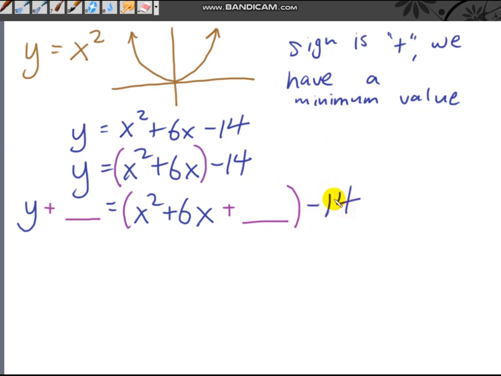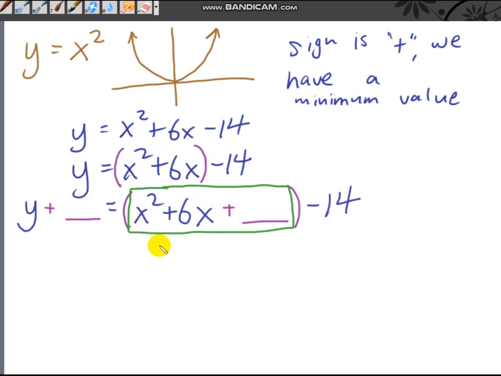Okay. So the way completing the square works is that you only look at what's in the parentheses. You only look at what's in the parentheses here. That's why I was trying to make sure you guys understood that in class. So yeah, make sure you only look at what's in the parentheses. Okay.